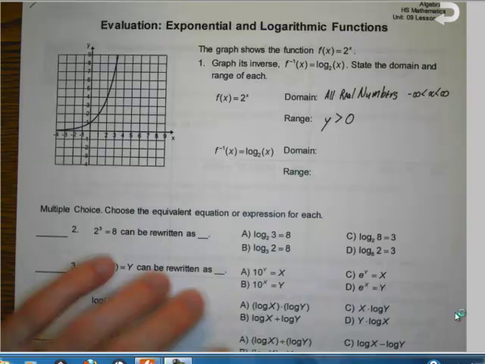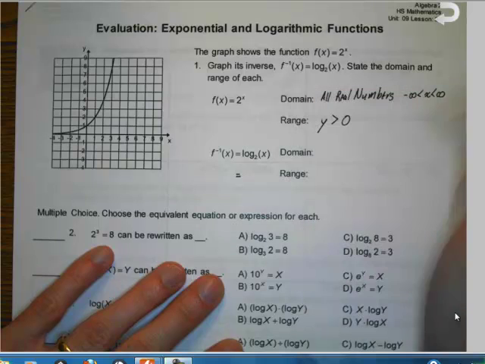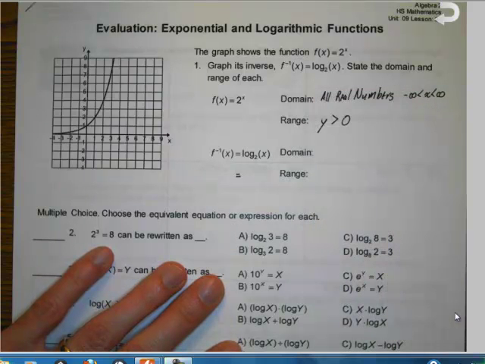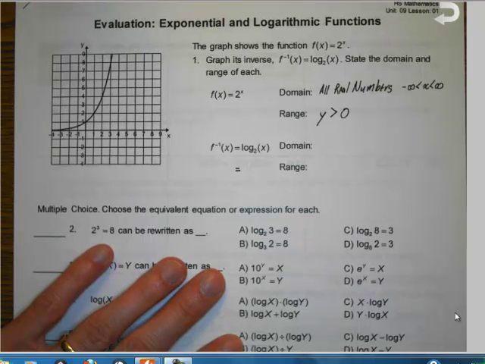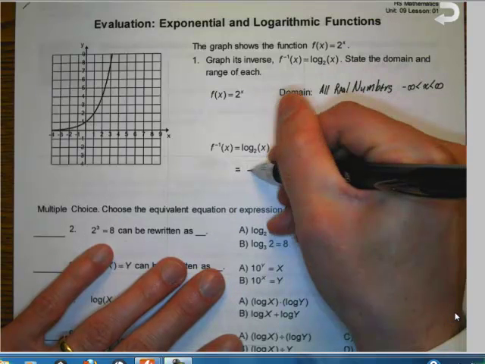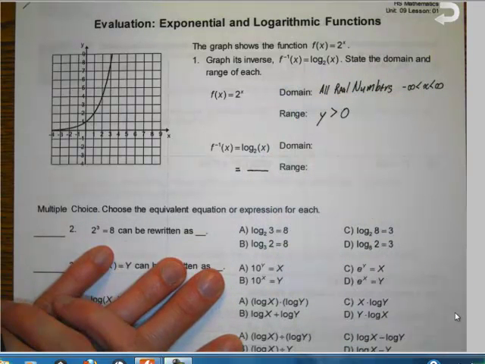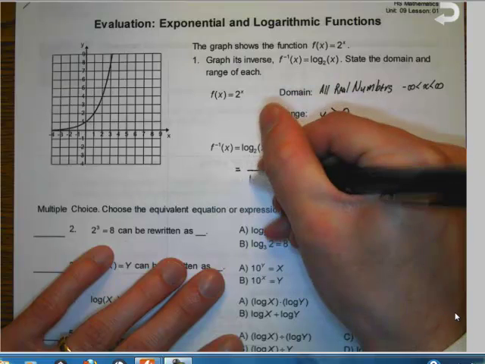your inverse function is the log base 2 of x. Now, what we can do is actually graph this using our change of base, which is going to be on top, the x or the 2? What's the base? 2. So the base goes up high or down low? Down low.